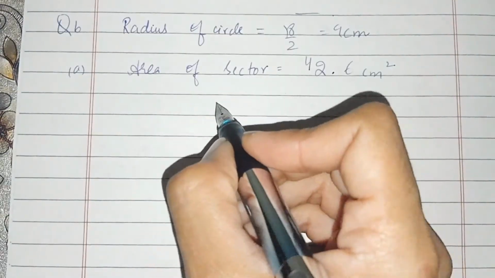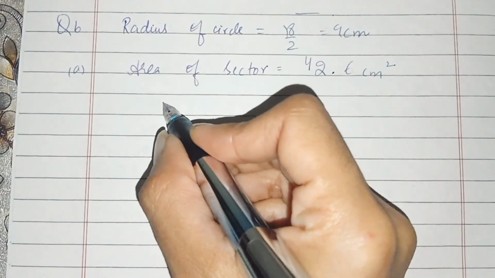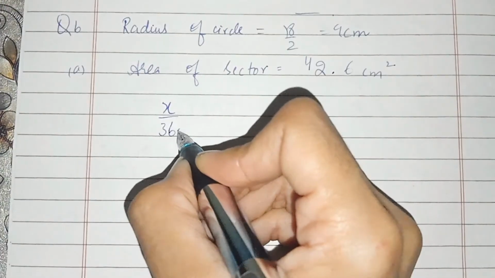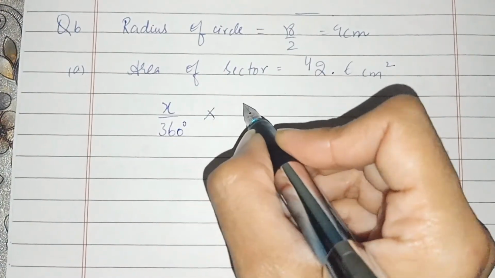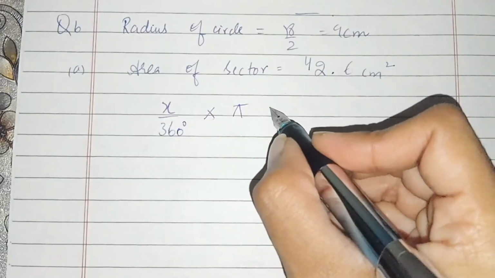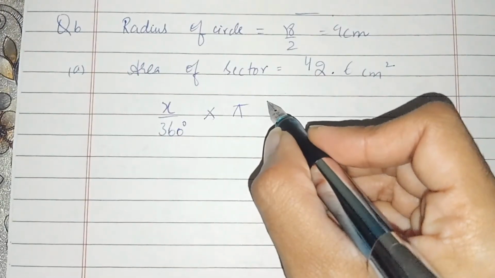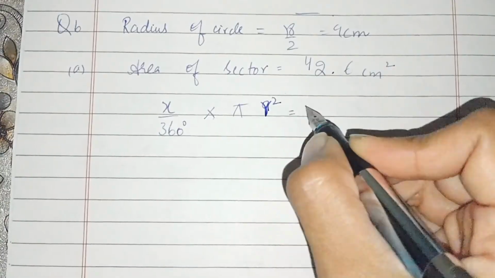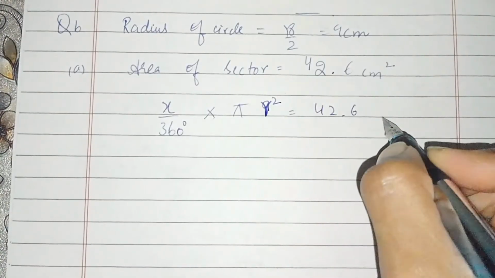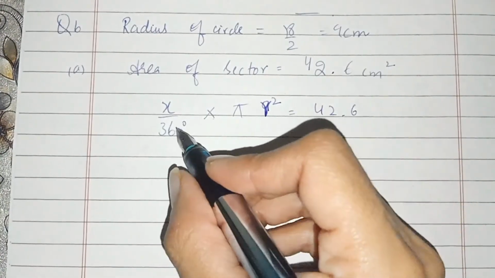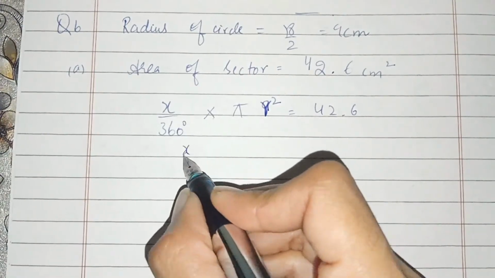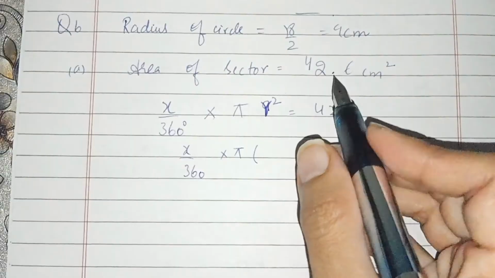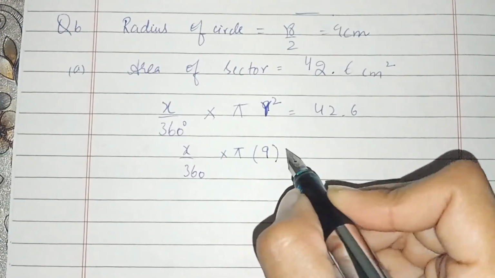Now we have to find the angle, and you know the formula of area is x over 360 degrees multiplied by pi r square. In the next step we write the values: x over 360 degree multiplied by pi, and r is 9 square.